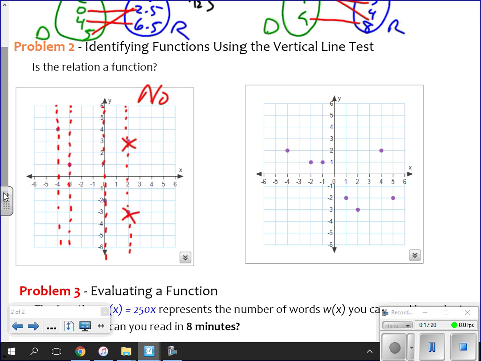Okay? So I do the same thing here. Do it on this one. See if you have a function or not. You can go over that, and I've got a smart word thing for that too.